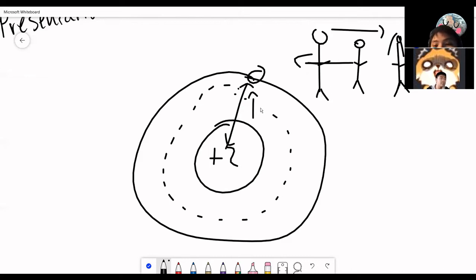This is like the force of repulsion experienced by the electron that we are focusing on over here, as these electrons in the inner shell are trying to force this electron away, since they are the same charge, and as a result, there's just a force of repulsion. Now, we want to find the force of attraction that is still being experienced by the electron, but with this constant force of repulsion, it's going to be a lot more difficult.